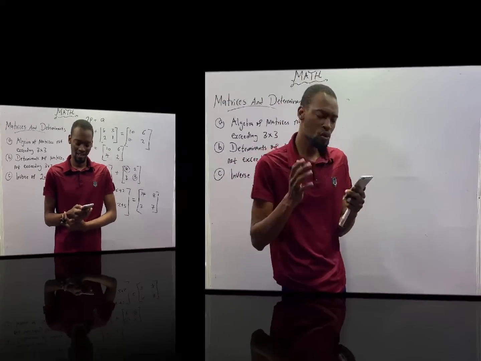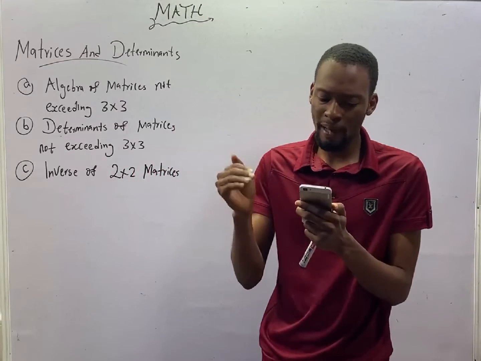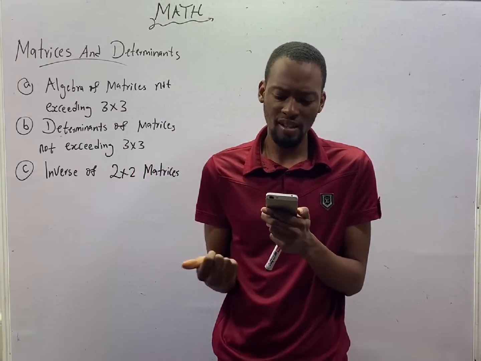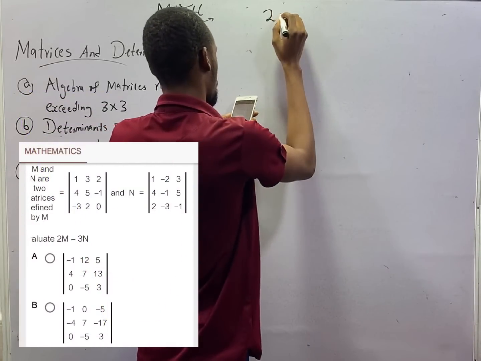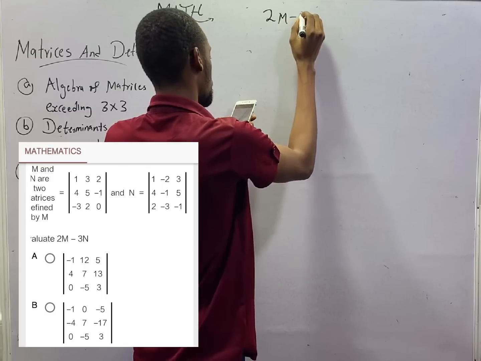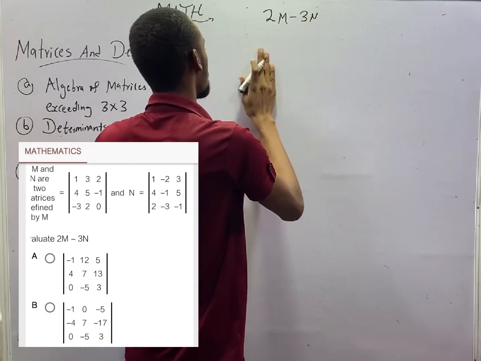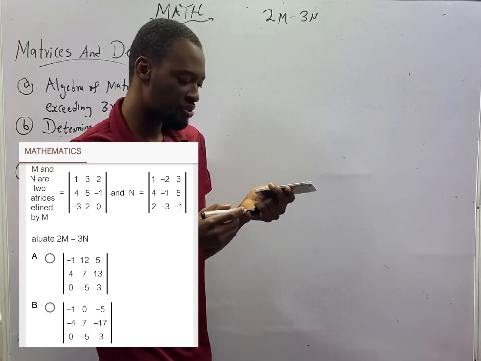We are given two matrices, M and N, and we are asked to find 2M minus 3N. This is algebra of matrices.